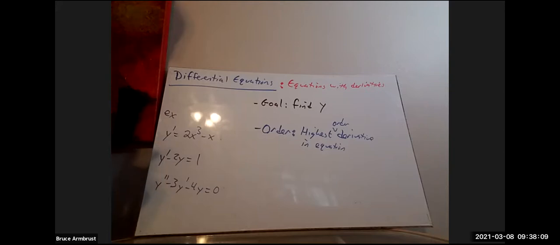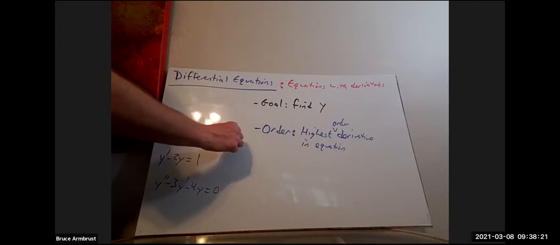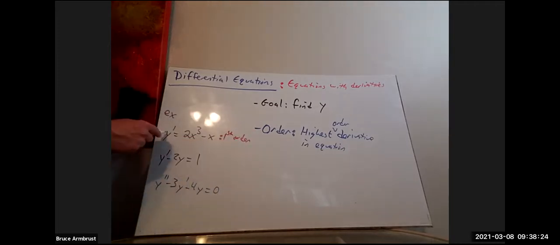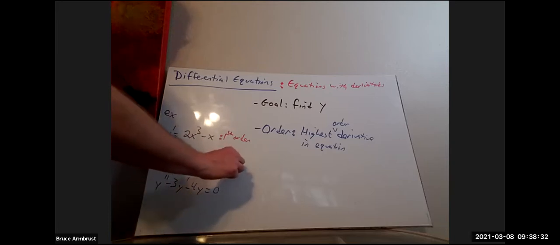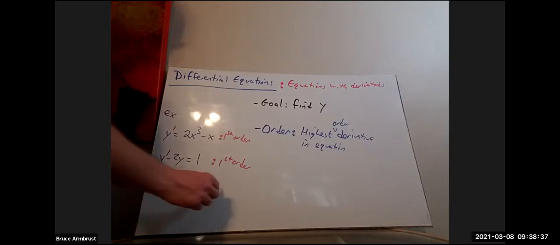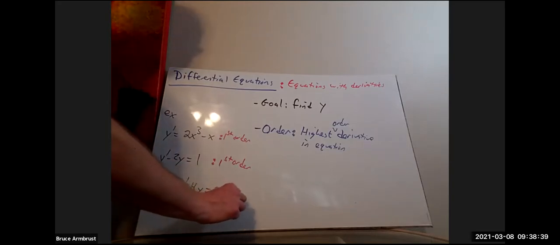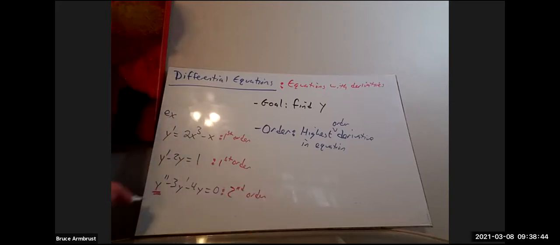So if you come back and look at these examples, this first one is a first order, because we've got the first derivative, and that's it. This second one is also first order, because again, only the first derivative. But this last one that I wrote down here would be second order, because it's got a second derivative.